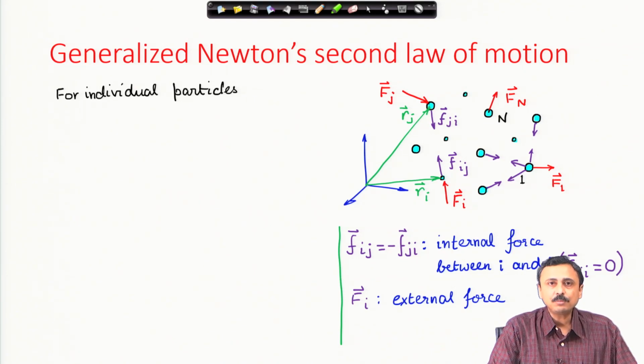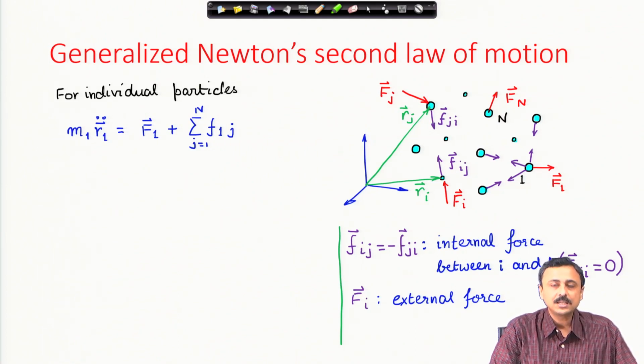Now, for the individual particles we are going to write down Newton's second law. For the first particle, for example, we can write mass of the first particle times acceleration of the first particle is equal to the external force on the first particle plus summation of all these internal forces because of the other n minus 1 particles.